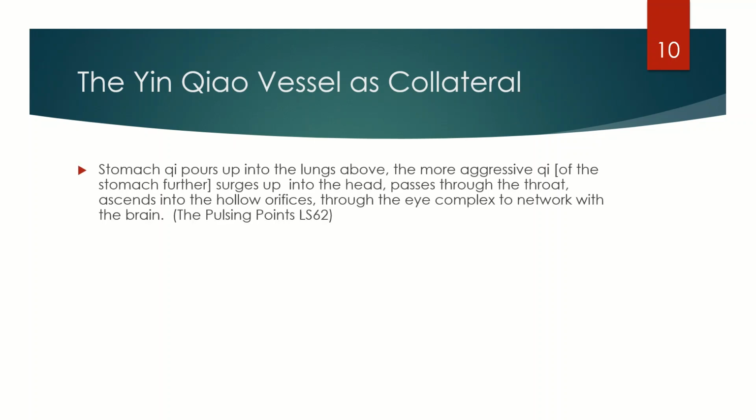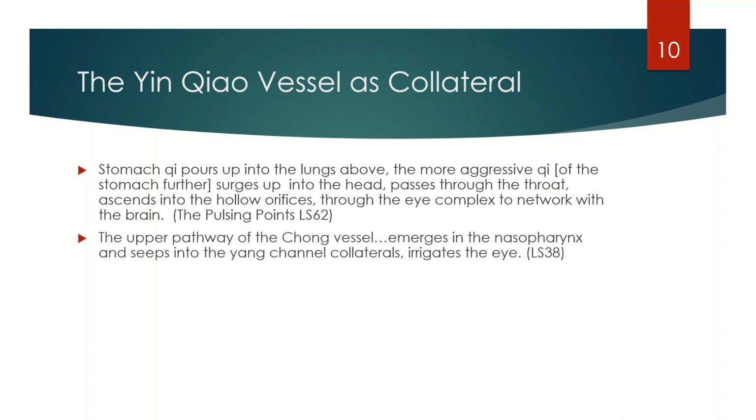I just mentioned that the Chong Vessel, one way that you can envision its function is to distribute the essence of grain and water from the stomach into the extra channel space. And I just want to show there's a nice two passages from the Spiritual Pivot that demonstrate this.